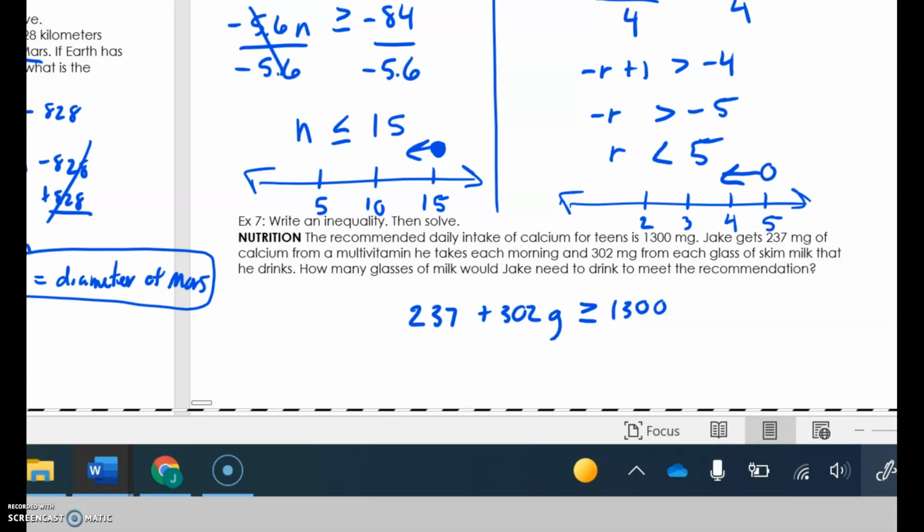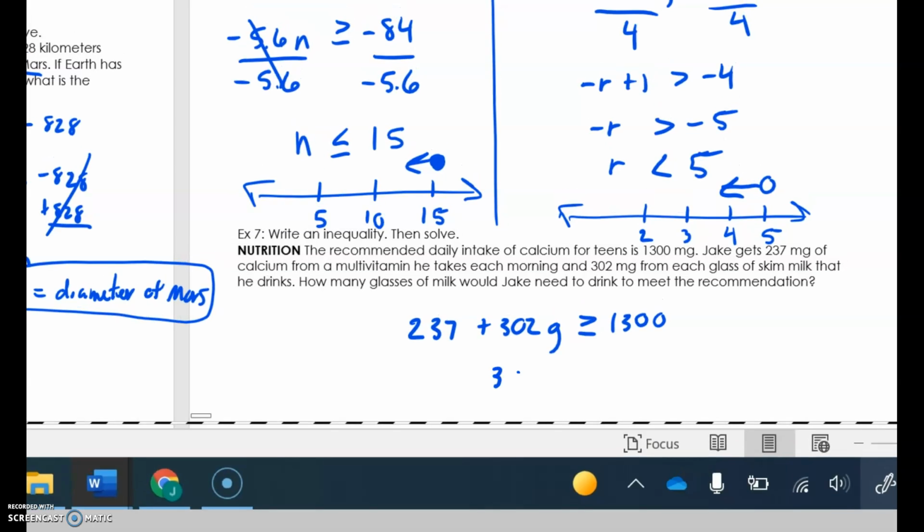Subtract our 237, getting 1,063. Divide both sides by 302. I'm not dividing by a negative, so that inequality does not change.